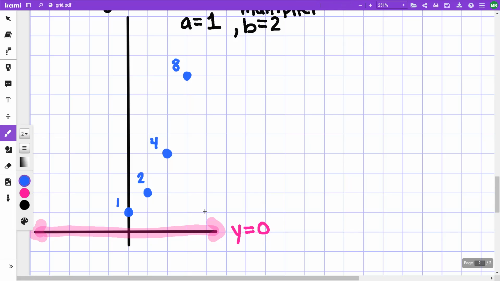And then what's going to happen is when I'm drawing this, it's going to be getting closer and closer and closer to the x-axis like that. Okay.